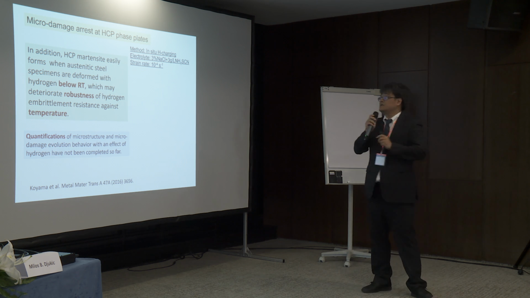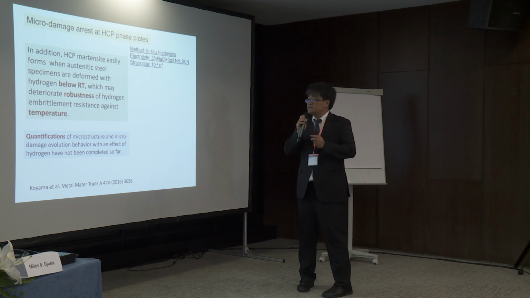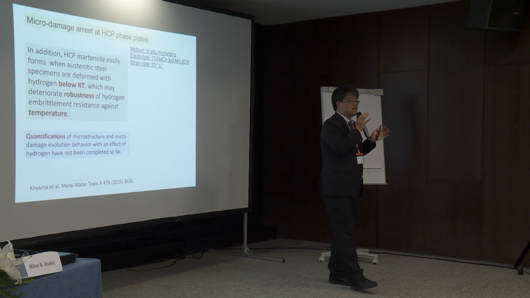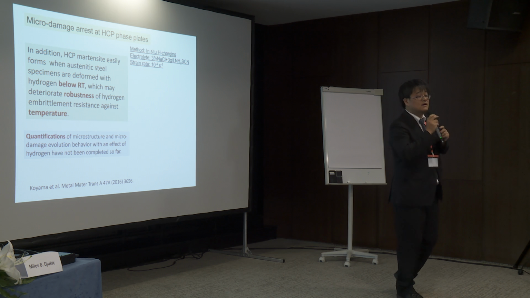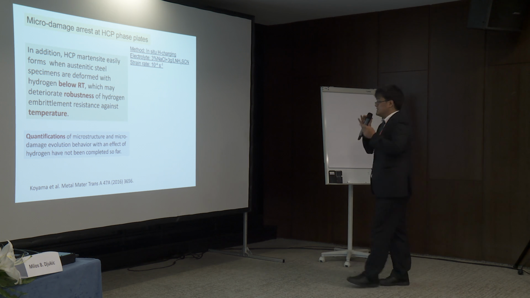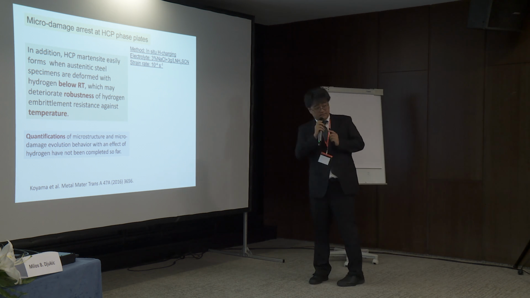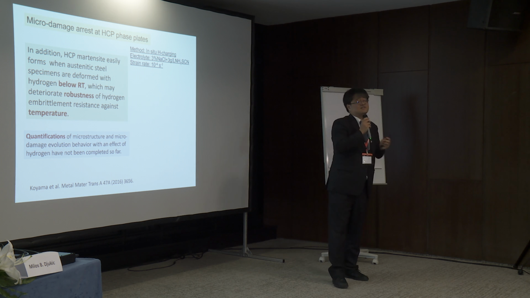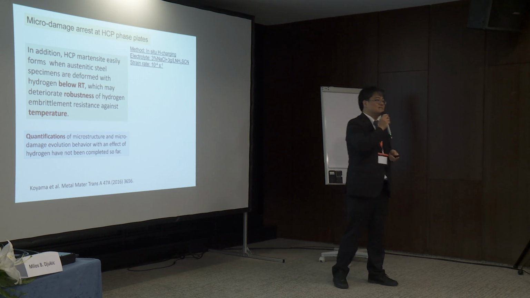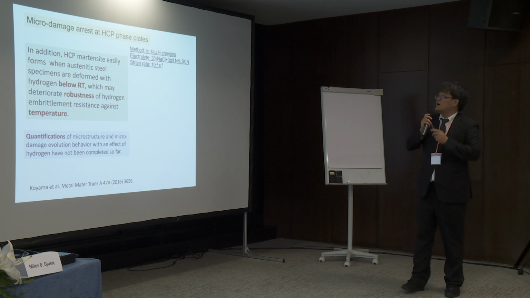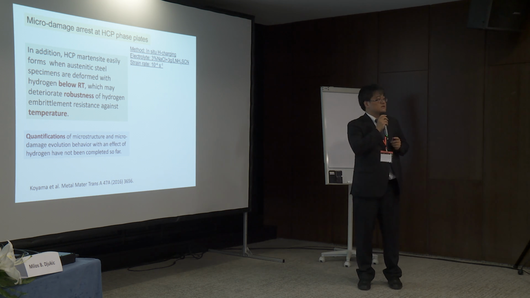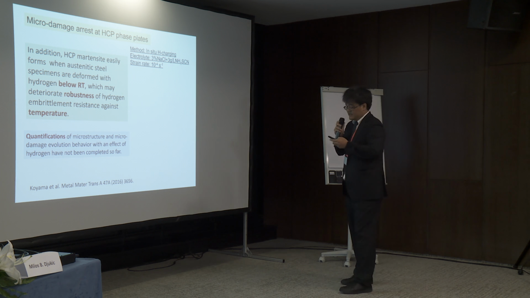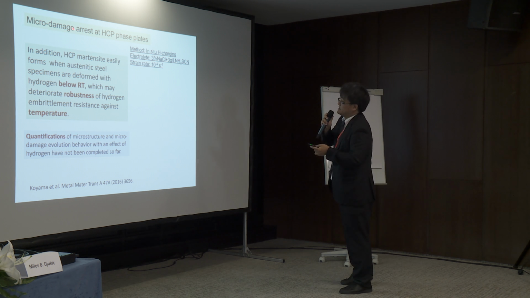However, usually the austenitic steel is optimized for tensile ductility without hydrogen. Then usually the austenitic steel must have low stacking fault energy. Otherwise, it's just a low strength, low elongation material. Therefore, in terms of high strength austenitic steel, we always must care about the HCP martensite.